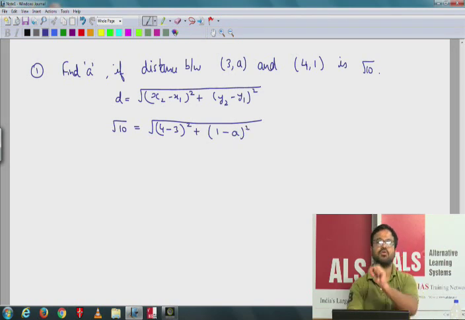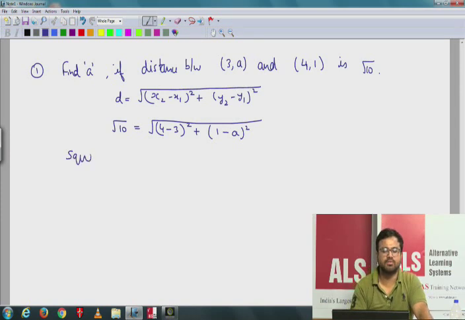Now in order to remove the square root on both sides, what will we do? We will square both sides. So when we square both sides, we will get 10 is equal to 4 minus 3, which is 1 square, plus 1 minus a whole square.